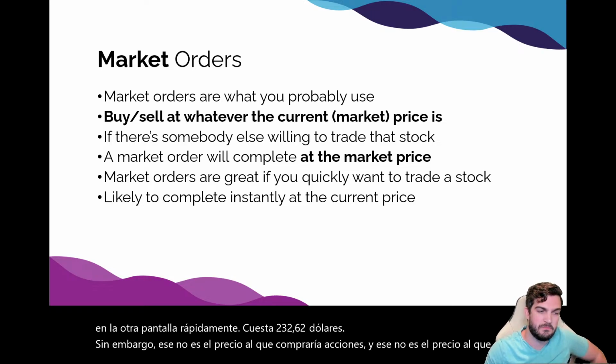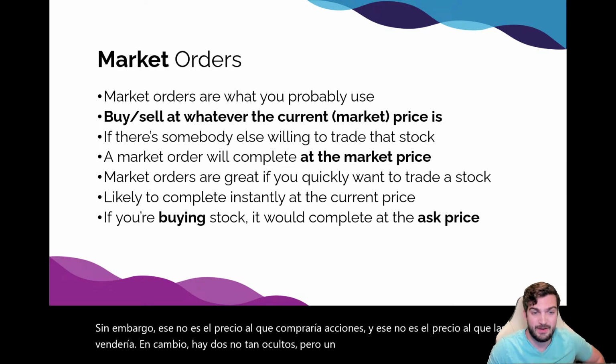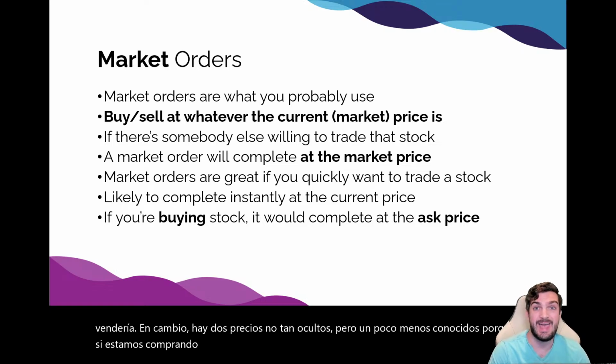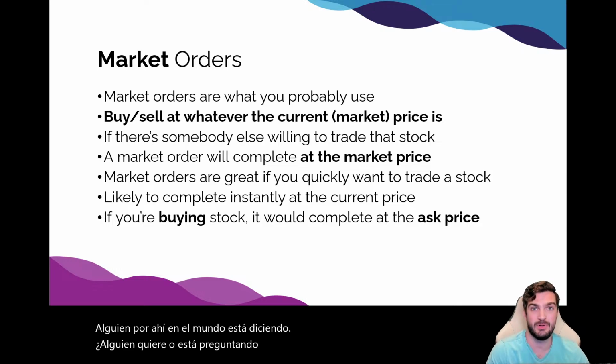Instead, there are two not so hidden, but a little bit less known prices. Because if we're buying a stock, we would buy it at the ask price. Somebody out there in the world is asking, does anyone want to buy shares of Apple for $232.60?